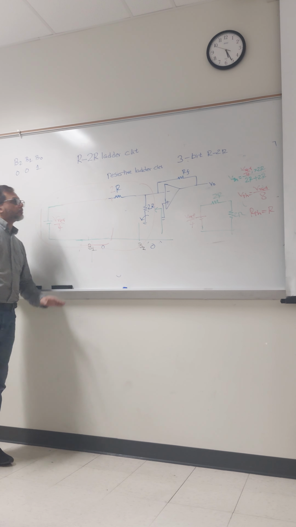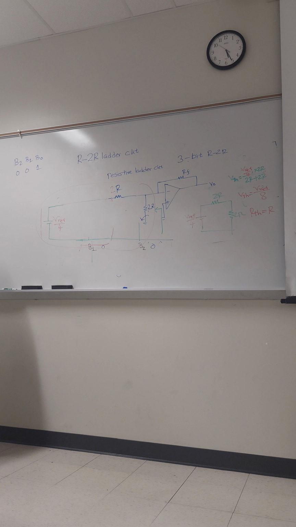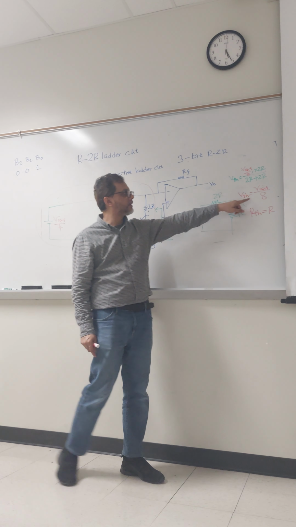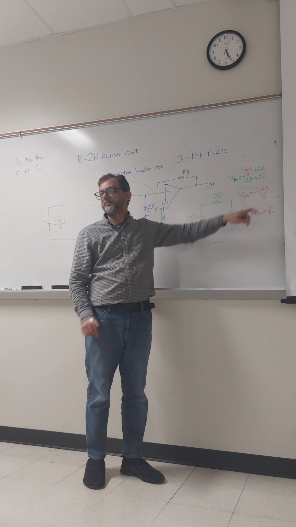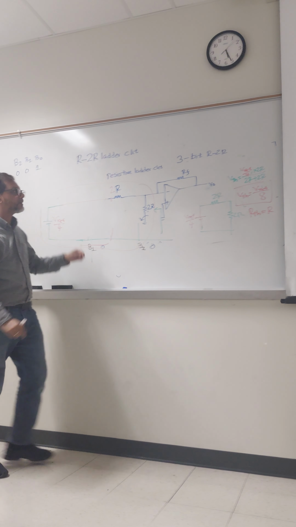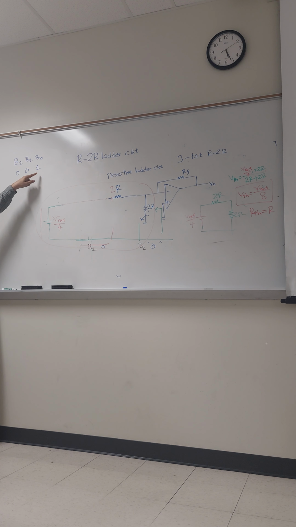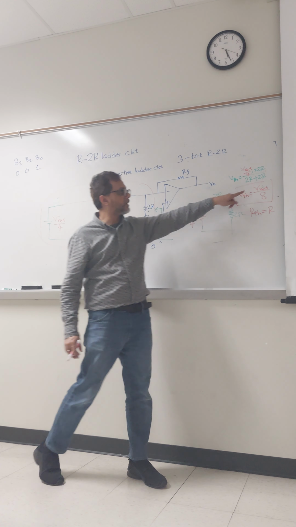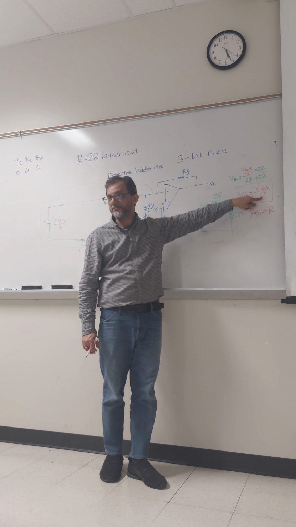Now, from here, what we got? If we have 1 in the LSB, my Thevenin's equivalent voltage at here will be V reference over 8. So if you have only one logic 1 at LSB, all other bits are 0, then my Thevenin's equivalent voltage, or the voltage across this node, will be V reference over 8.